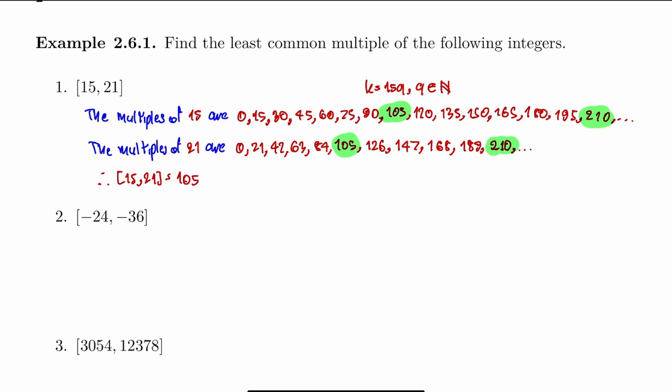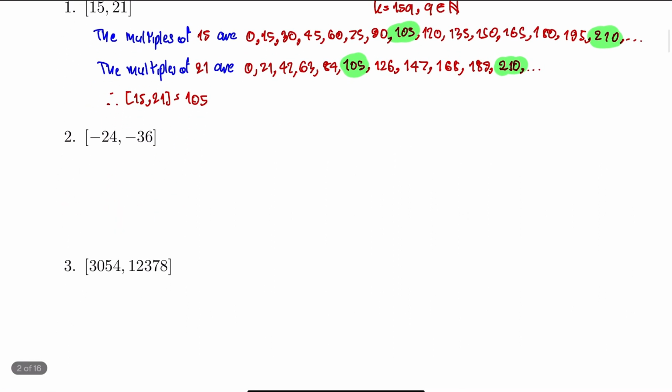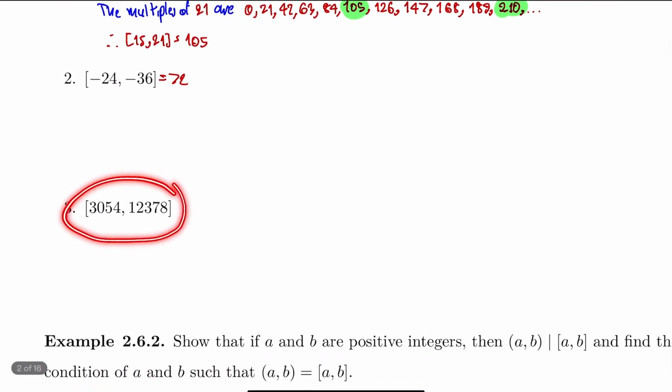And what is the least common multiple of minus 24 and minus 36? It's going to be 72, right? And what about this one? What is the least common multiple of these two numbers?